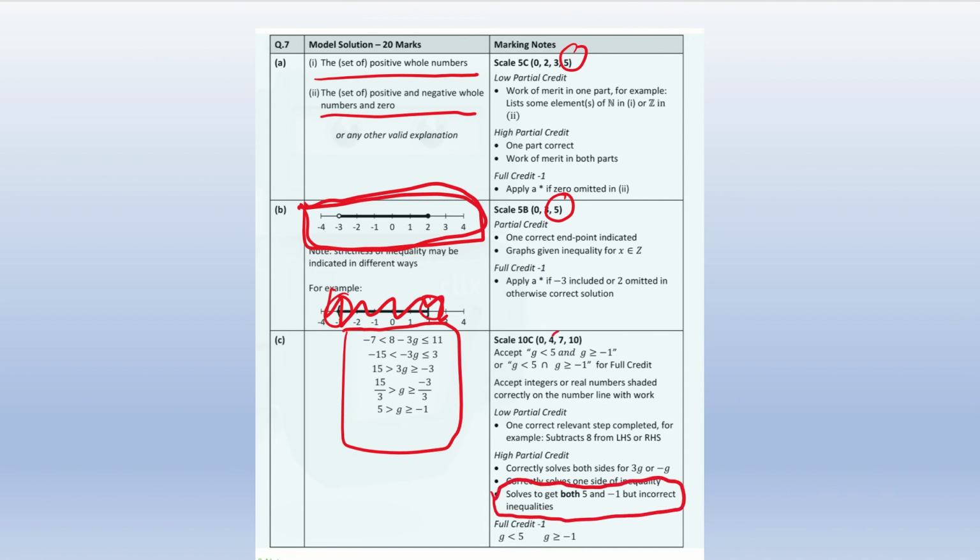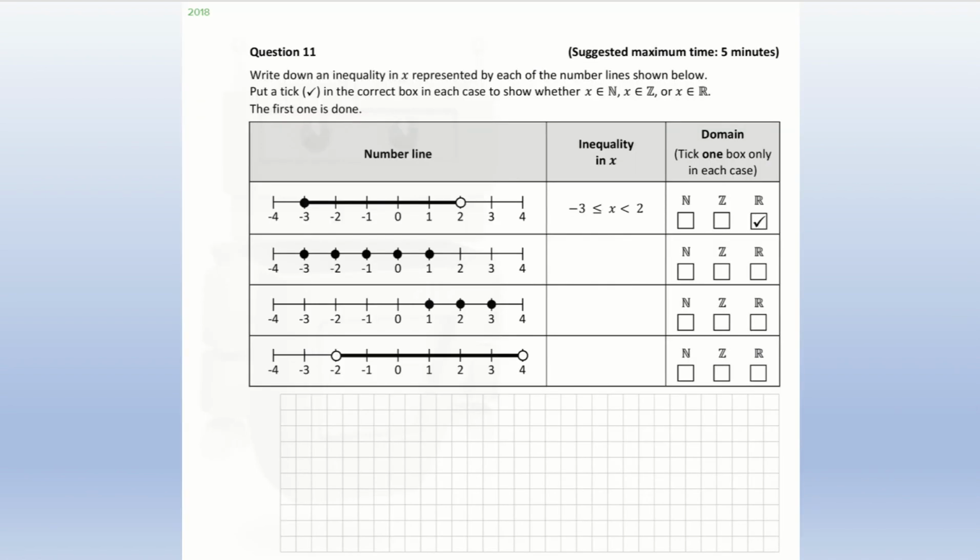So you would have lost 3 marks, you would have gotten 7 if you got the 5 and the -1, but incorrect inequalities. So if you'd forgotten to change your signs, that would have been a very harsh 3 marks to drop for yourself just for forgetting one thing. Okay, 2 more exam questions to get through.